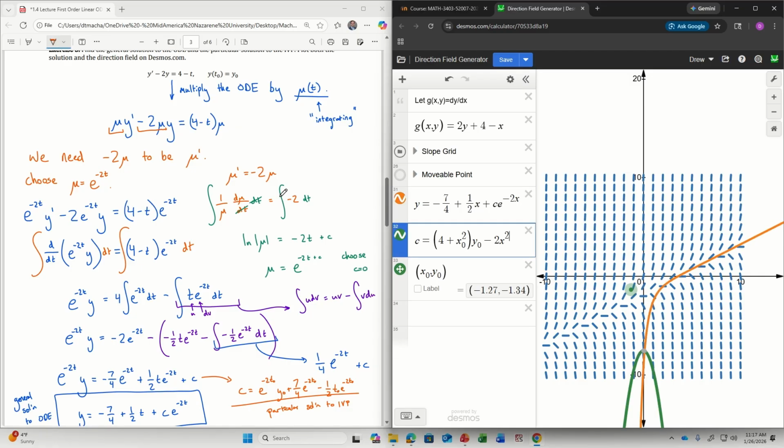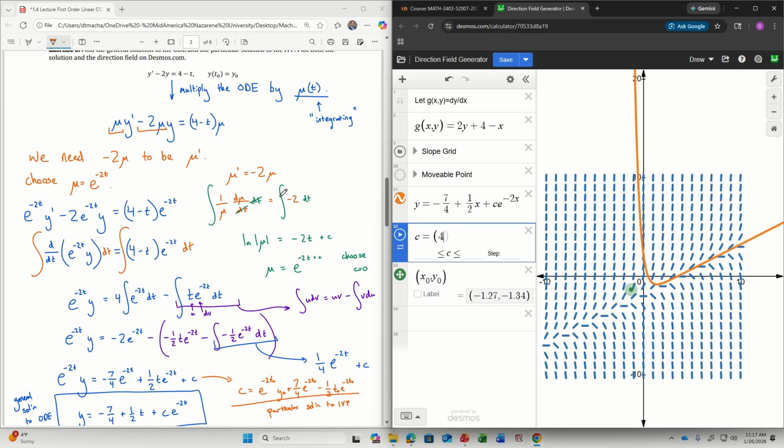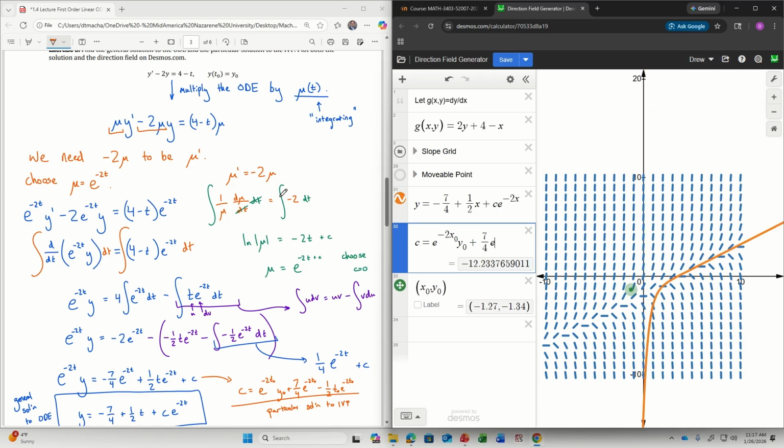And then to find c, this is going to be e to the power -2 x0 y0 plus 7/4 e to the power -2 x0 minus 1/2 x0 e to the power -2 x0.